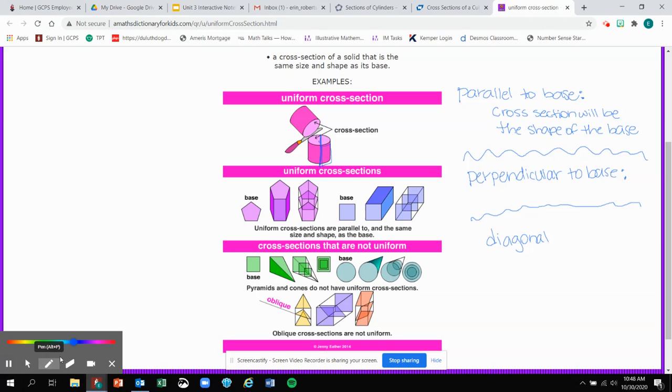So for this one, if instead of cutting this way, we had cut it a little bit diagonally, well, we'd still see this circle at the bottom, but the circle would have been elongated, so it would look more like this, which we are used to calling an oval. But what we're going to call it now is a more mathematical term, which would be an ellipse. So we're going to look at different shapes today and find their cross sections.